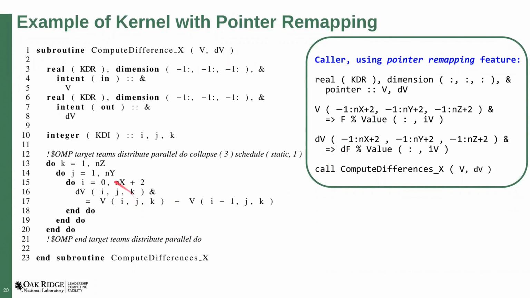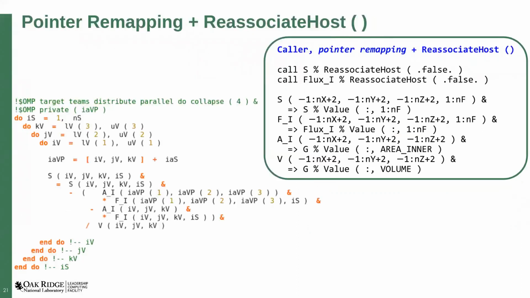This kernel is addressing this variable F value as 3D arrays, but the mapping still works out as previously done, where F value is just mapped column-wise on OpenMP. The nice thing here is that we don't need an extra mapping clause, and the only change to the code is adding this OMP target teams distribute parallel do, and this pointer remapping feature works transparently with OpenMP.